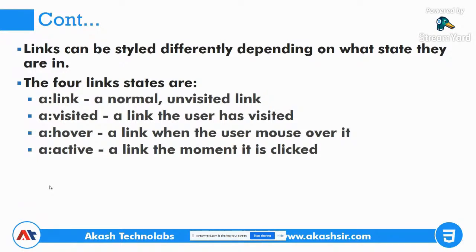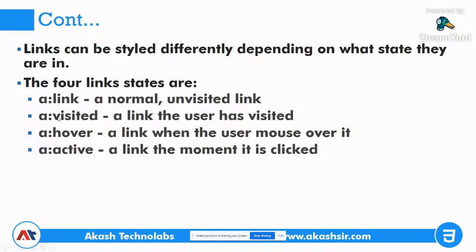You can specify a link color for the normal link. If someone visited the link, you can specify the color for the visited link. If I mouse over the particular link, you can also specify a different color. The active link is the moment when it is clicked, meaning whenever you click on the particular link, the color will be changed.